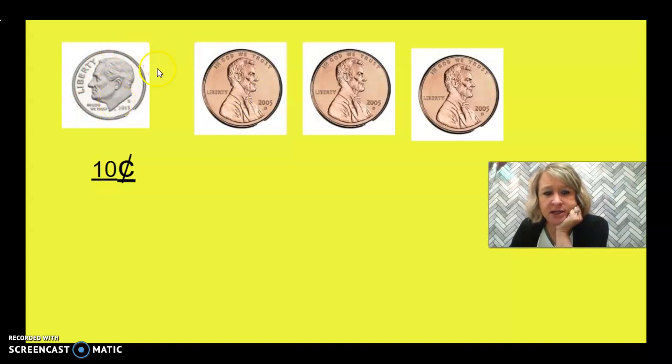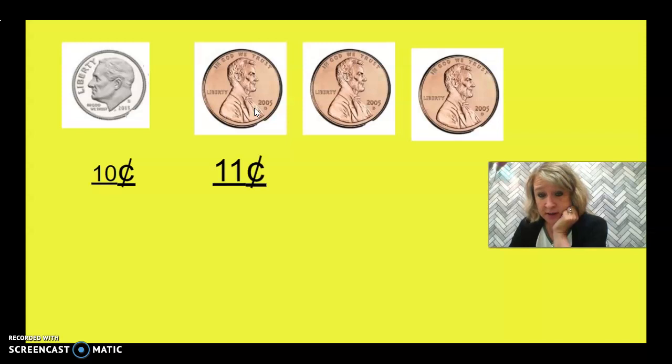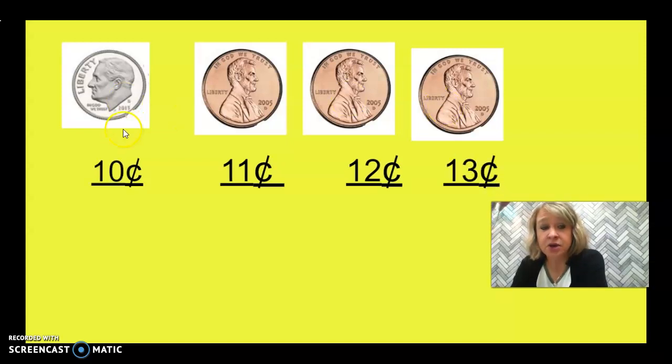So 10, and one more would be 11. 10 and 2 more would be 12. 10 and 3 more would be 13. So our total value of these coins is 13 cents.